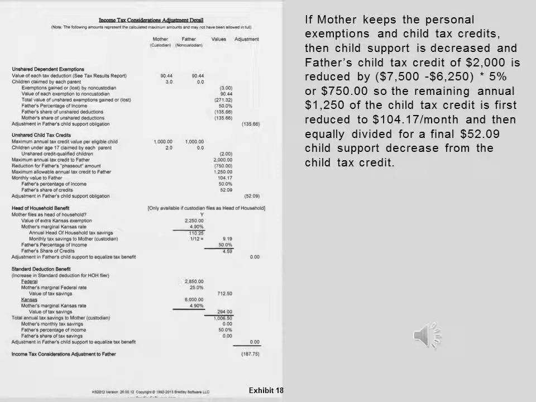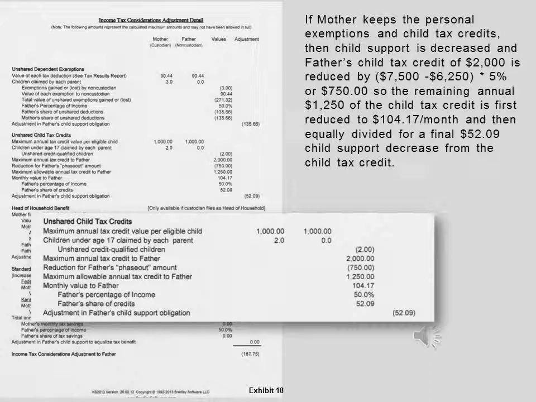If mother keeps the personal exemptions and child tax credits, then child support is decreased and father's child tax credit of $2,000 is reduced by $7,500 minus $6,250 times 5% or $750.